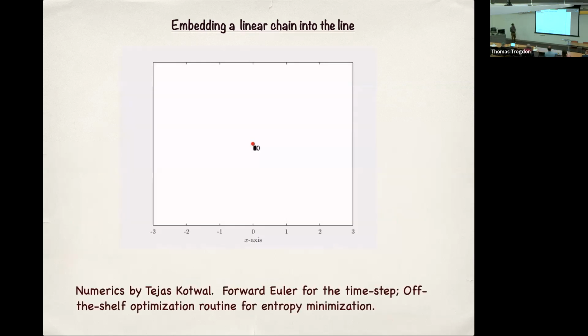Now I guess the movie. These are numerics done by my grad student. As I said, it's still clunky. The way this is working is really forward Euler for the time step, and an off the shelf routine. It turns out minimizing von Neumann entropy is a huge problem in quantum mechanics, so there's an off the shelf routine for doing it, and he's calling it at every single time step to do the optimization.